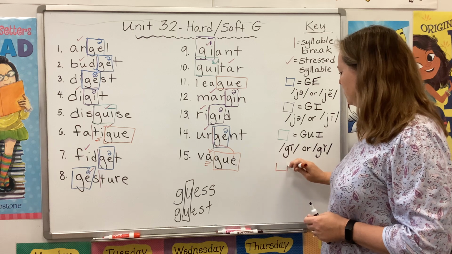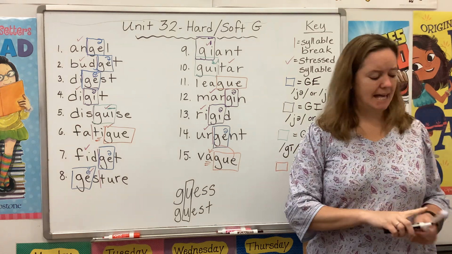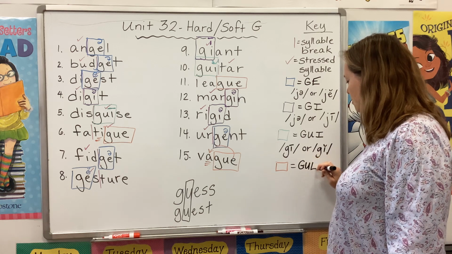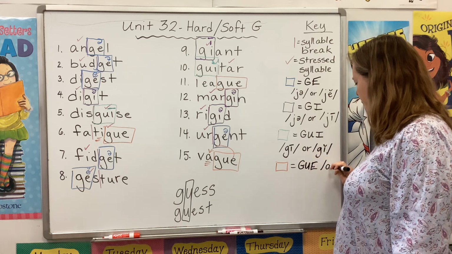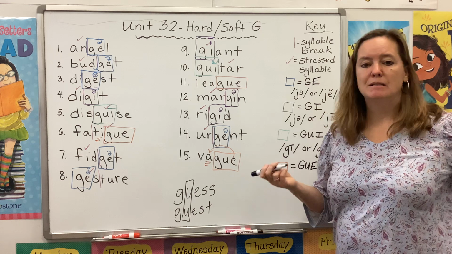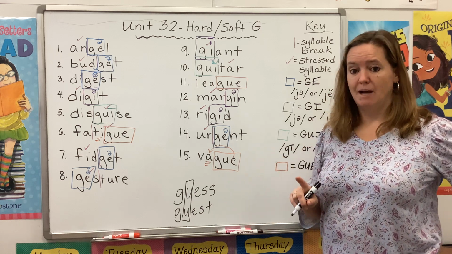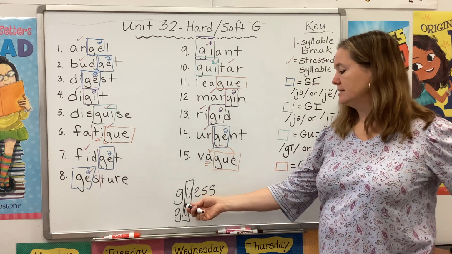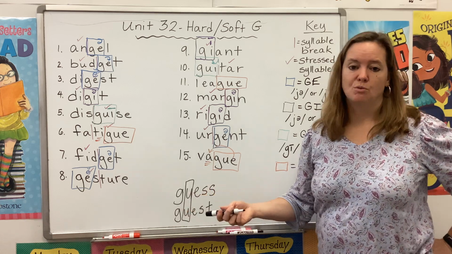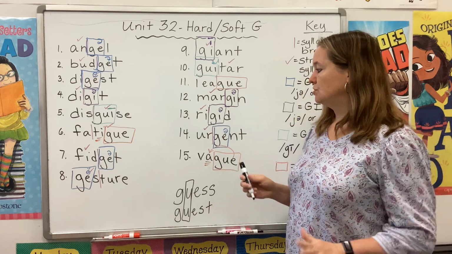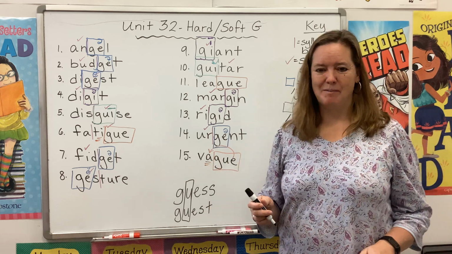So the important thing we want to remember is that when a word ends with GUE, it's just going to make a G sound. A lot of letters for one little sound, okay? In shorter words, it's also going to make that short E sound in guess or guessed. Okay, so lots to think about, right?